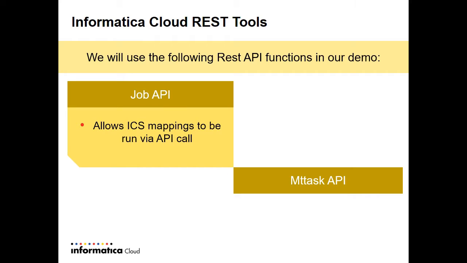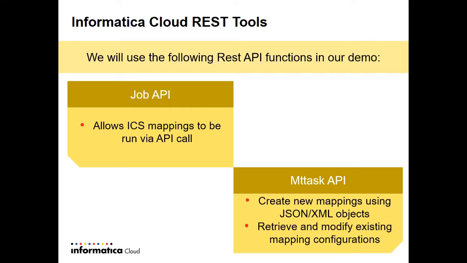The Job API allows the ICS mappings to be run via an API call. It also starts or stops a task or task flow. Empty Task API helps to create new mappings using XML or JSON objects. Also, we can retrieve and modify the existing mapping configurations using the Empty Task API.